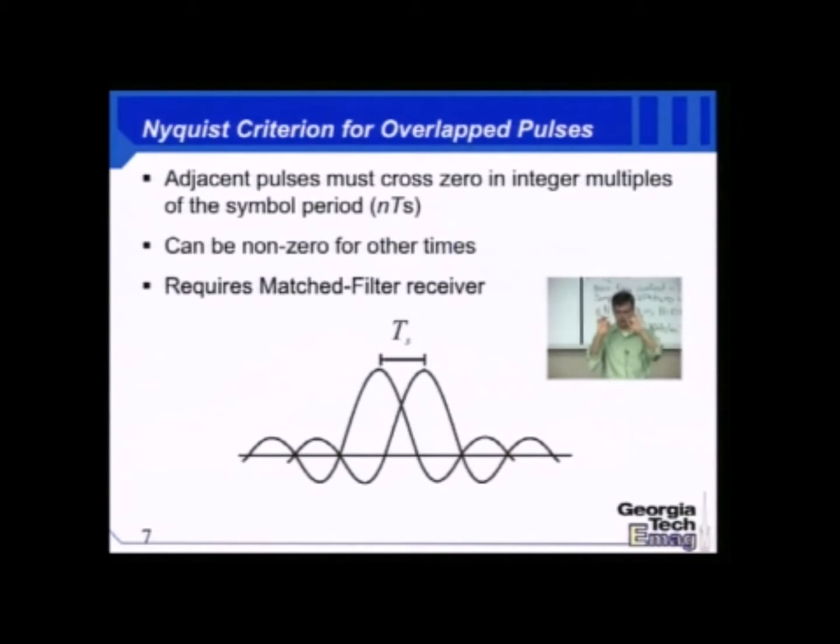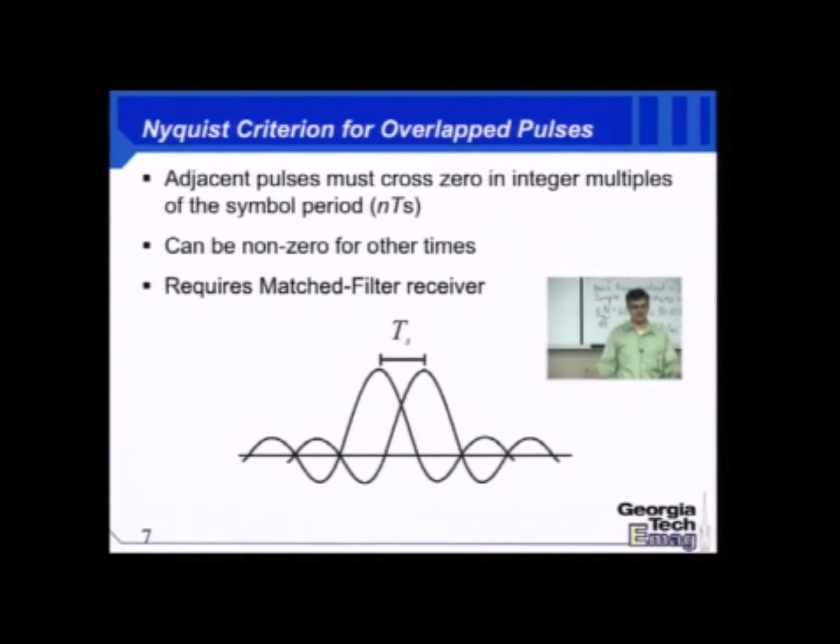All I want to do is estimate the amplitude of that sinc pulse at precisely that location. And this location. I don't care about any of the stuff in between. So I need a special creature, a special device that does exactly that. And if so, I can use pulses that exceed my symbol period.